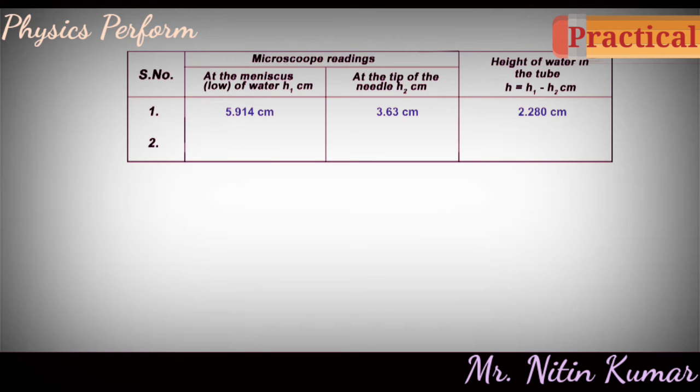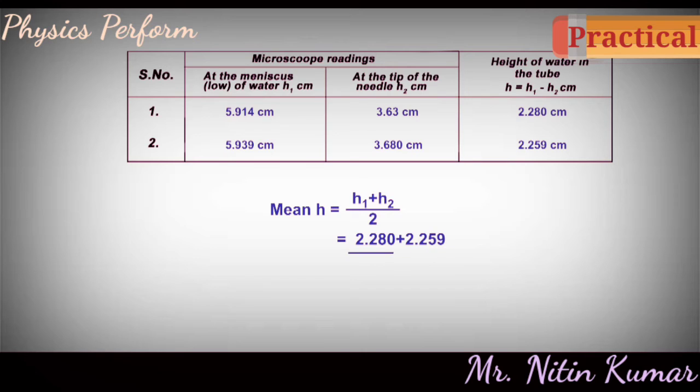Similarly, the values for the second readings are: mean h is equal to h1 plus h2 by 2, that is 2.280 plus 2.259 by 2. Therefore, mean h is equal to 2.269 centimeters.